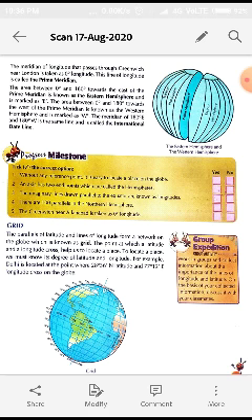So for understanding this type of thing, you have to locate it on the globe or in the atlas or any reference book, and see the lines of longitude and latitude so that you can understand this chapter easily.